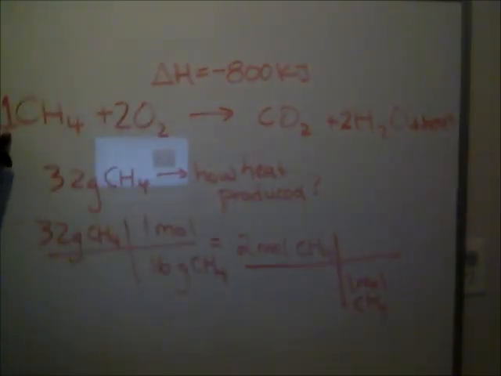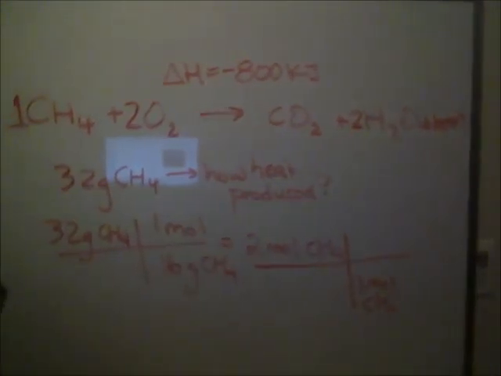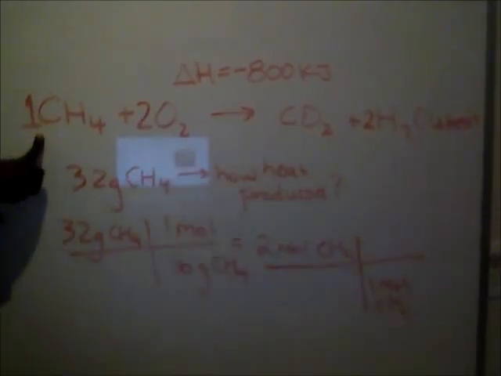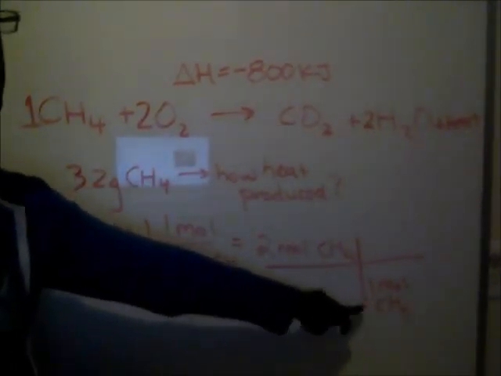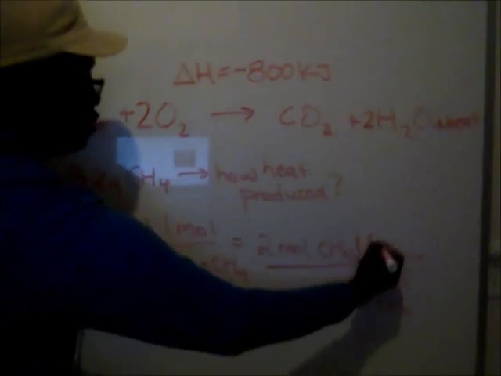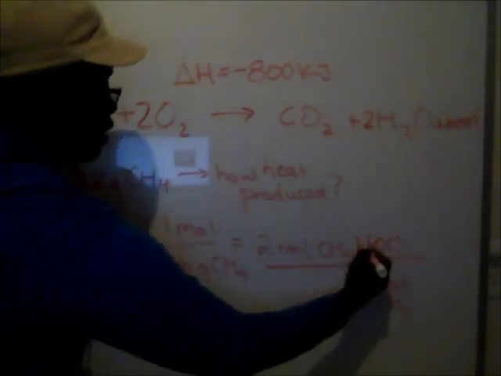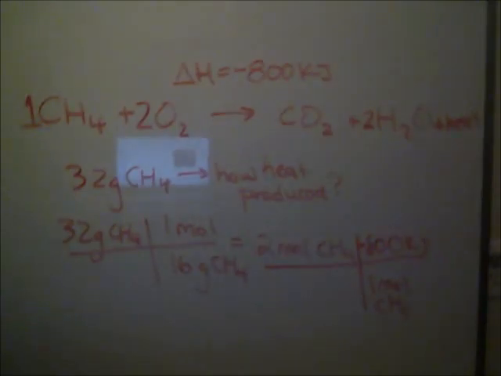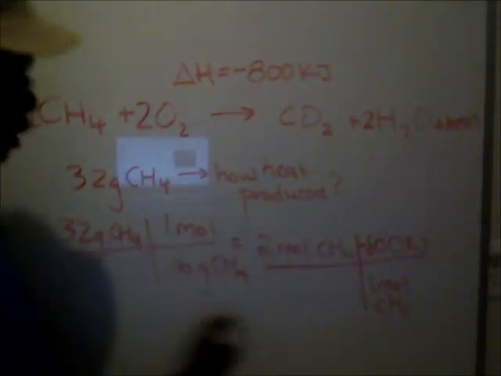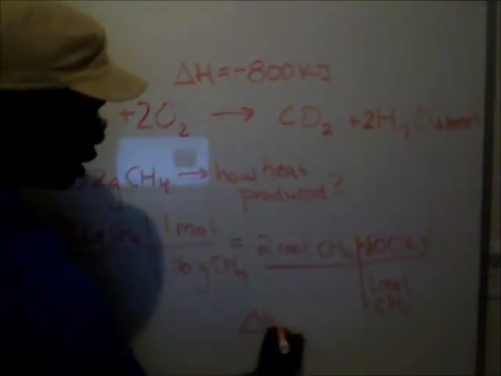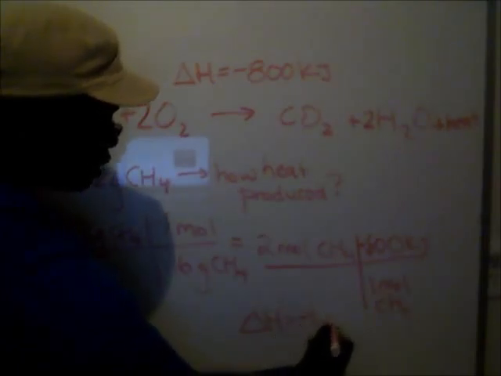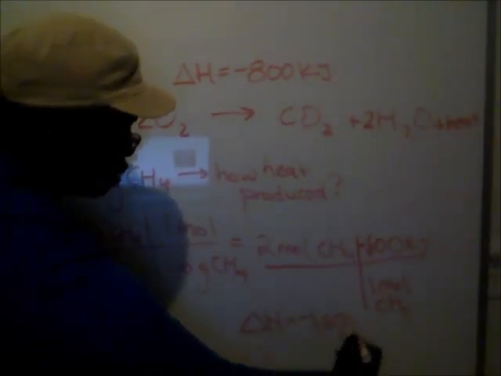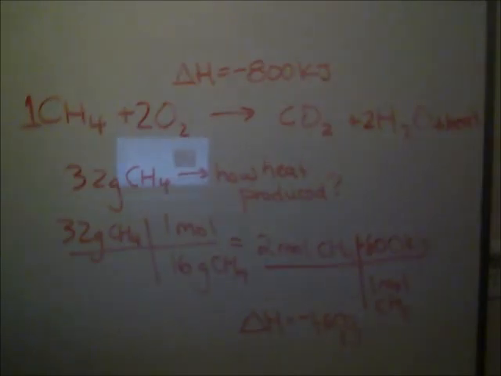If this was a 2 in front of methane in this equation, we would put a 2 here, but we have 1 mole of methane in our equation, so 1 mole of methane here can produce negative 800 kilojoules of energy. So we would just need to multiply those together. So if we have 2 moles, we should be able to make double. Our delta H should be negative 1,600 kilojoules. We have double the amount.